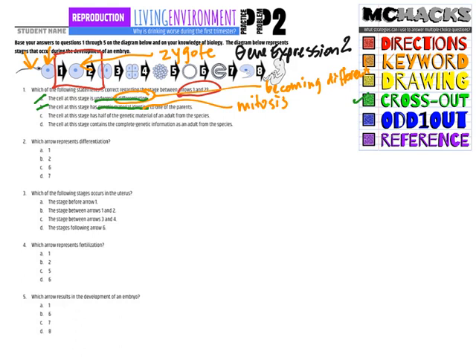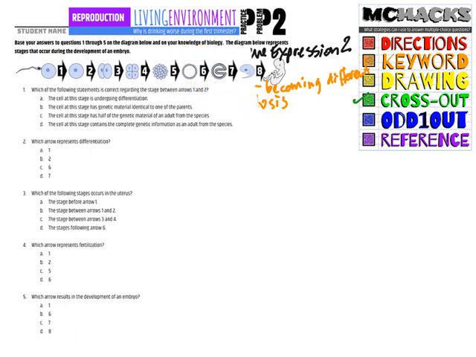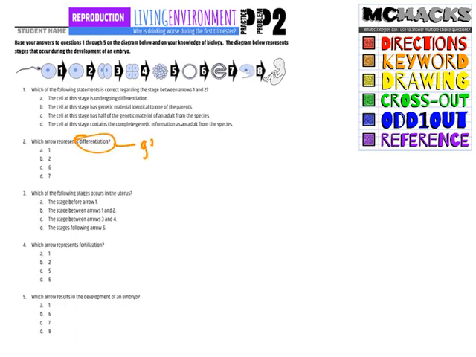All right, let's get rid of this. Question number 2, it says, which arrow represents differentiation? Now, I just said it before, but differentiation, again, means becoming different. And that's when genes get turned on and off. But really, the genes are getting turned on here.